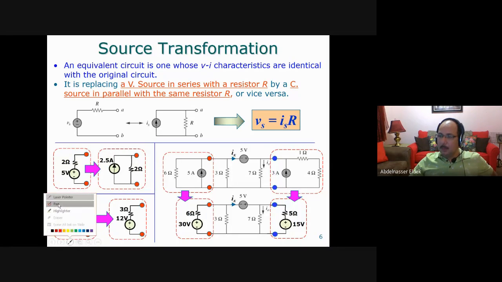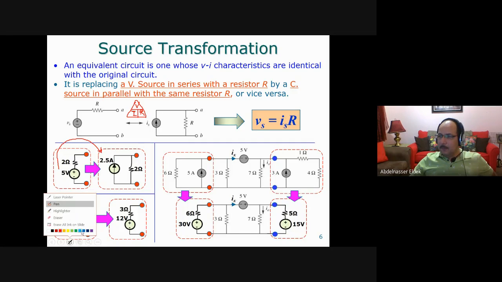If you can't remember Ohm's law, it is V-I-R. If you want to calculate the voltage, multiply. If you want to calculate the current, divide V over R. So here, 5 divided by 2 will be 2.5.